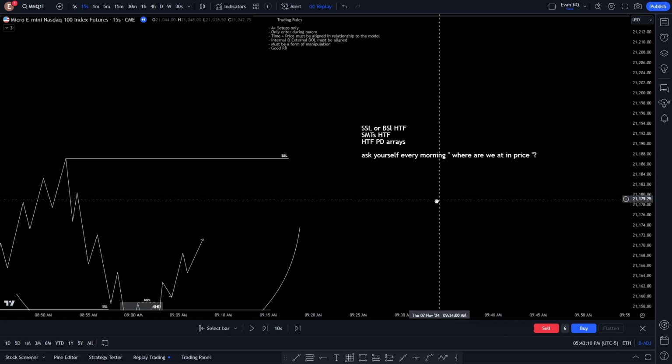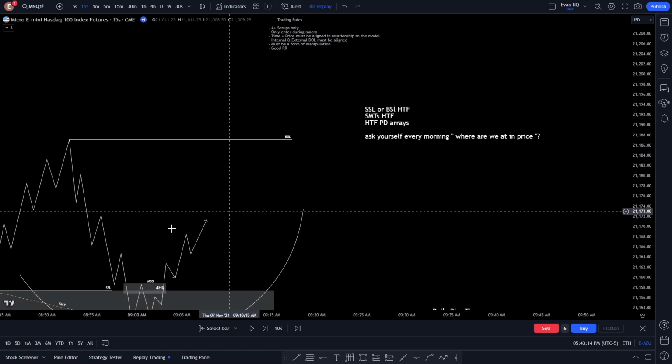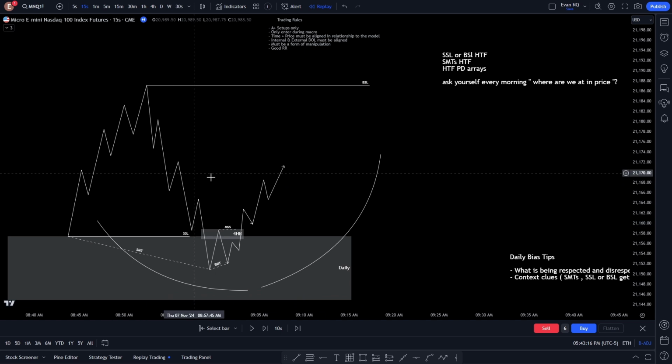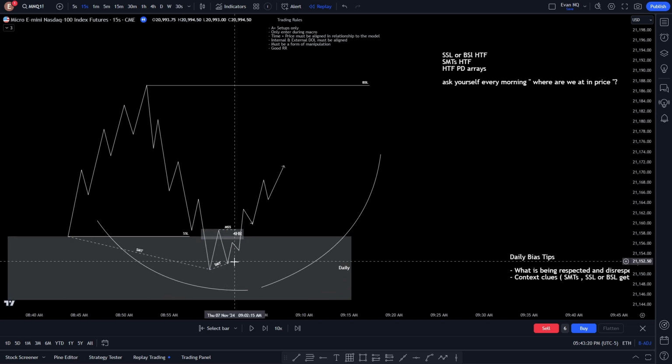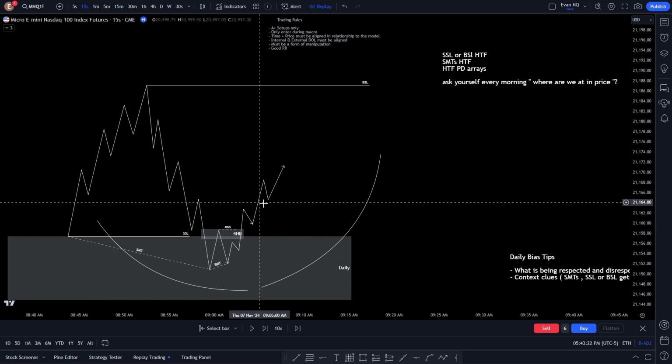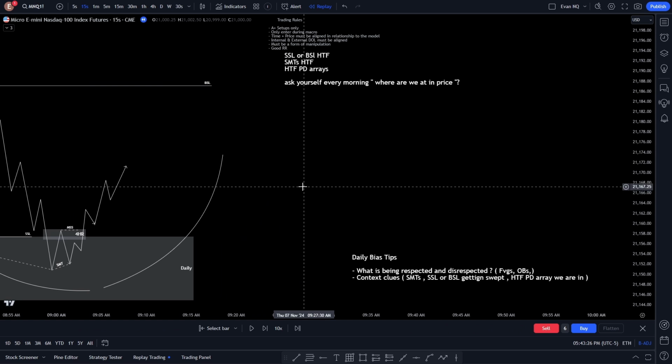I want you to analyze what's happening in price. Has sell side or buy side been swept on the higher time frame? Is there manipulation, SMTs? Are we respecting a higher time frame PD array, bearish or bullish?